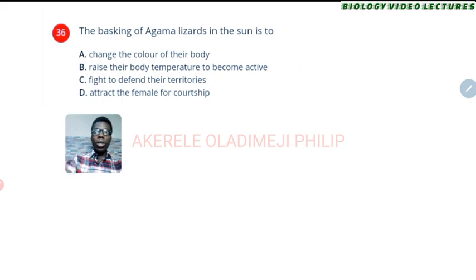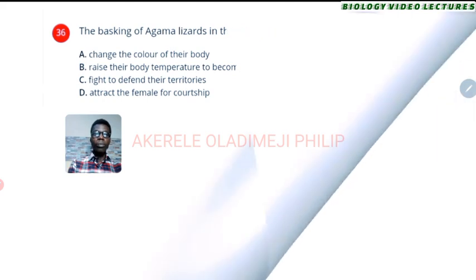So all cold-blooded animals exhibit this, which means to raise their body temperature. We call that poikilothermic, meaning cold-blooded. So their body temperature is dependent on the environment. So when they want to get warm, they have to come out. And that is majorly seen in reptiles, and lizards are one of them.